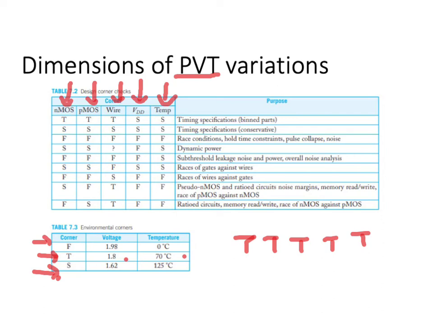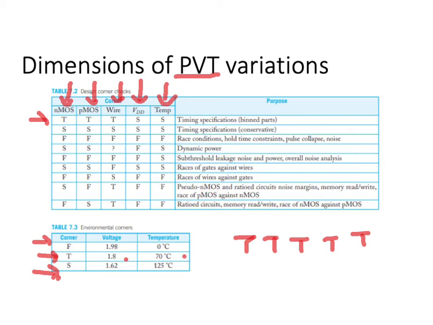So the simulations should be run with permutations or combinations of different process corners for all the NMOS, PMOS, wire, voltage, and temperature. So typically, if you are looking at meeting timing specification in the worst case, you would simulate at the TTT corner, that means typical process corners, but with worst case voltage and worst case operating temperature.